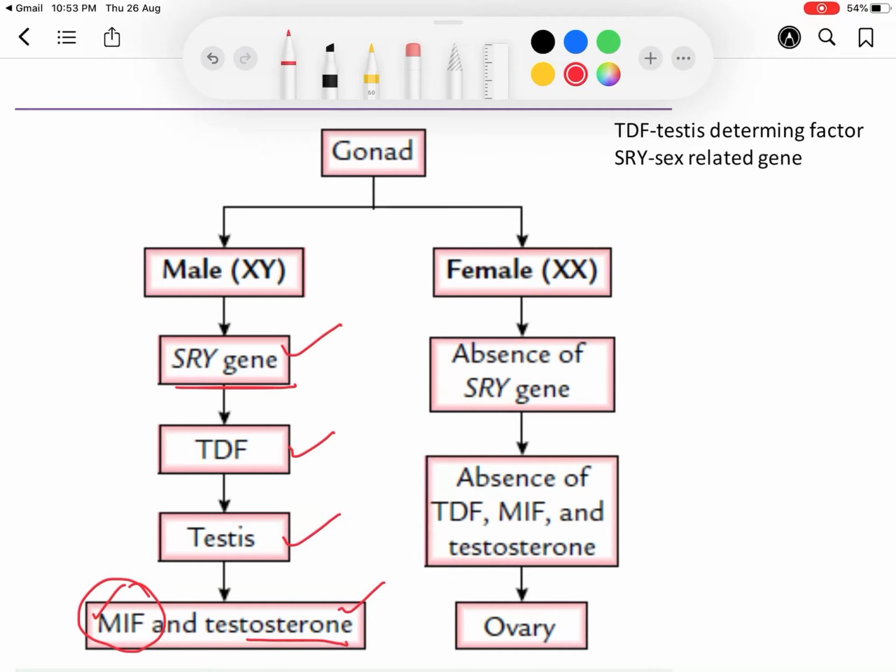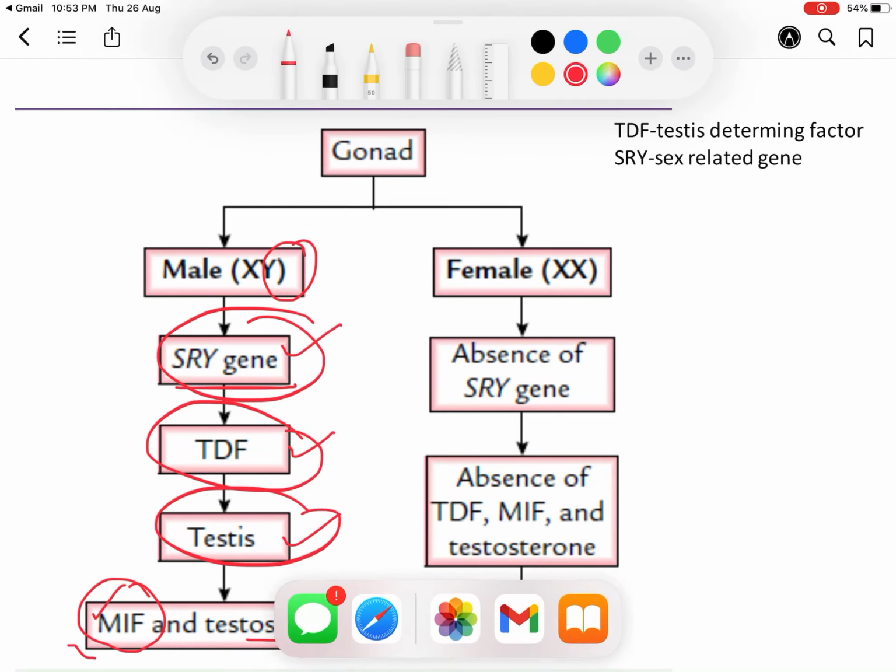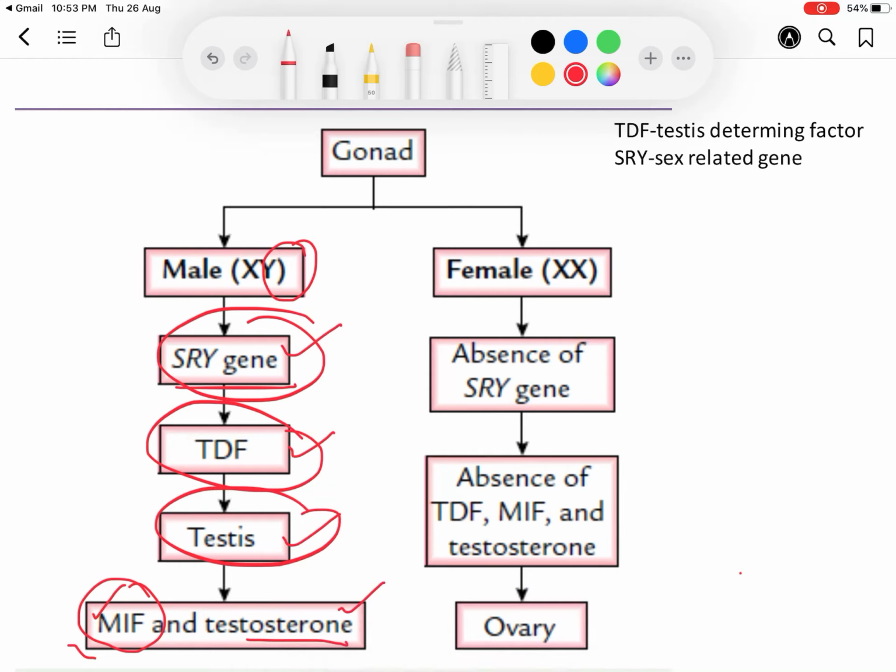The Mullerian duct, also called the paramesonephric duct, leads to development of the female genital system. So because of the Y chromosome which has the SRY gene and TDF, which lead to formation of testes, the testes release testosterone and MIS, which inhibits the Mullerian duct, and stimulates the formation of external genitalia of male.